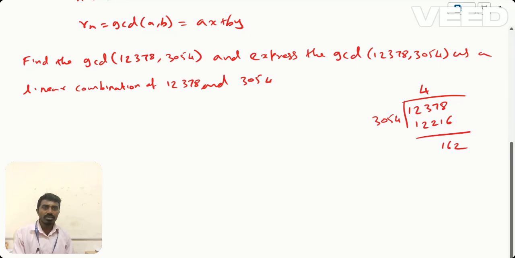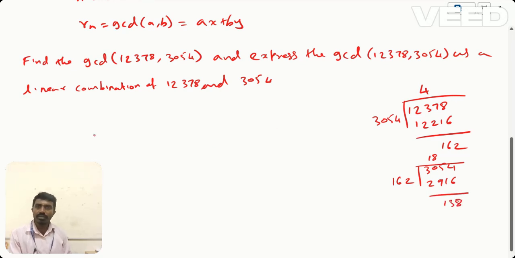Now again you divide 3054 by 162. Then the quotient is 18. Now multiply 162 by 18, then you get 2916. Then the remainder is 138.